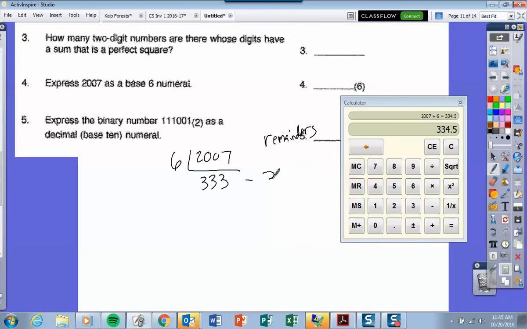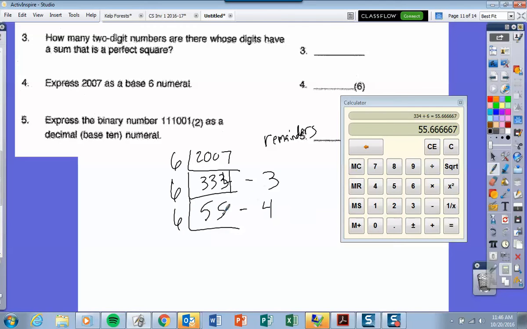The remainder of 3. So now if we divide 334 another time here by 6, sorry, 334. Then we see that I get 55 with a remainder of 4.